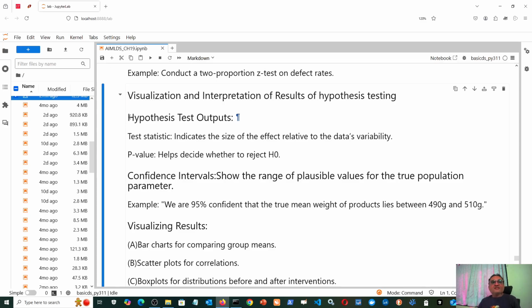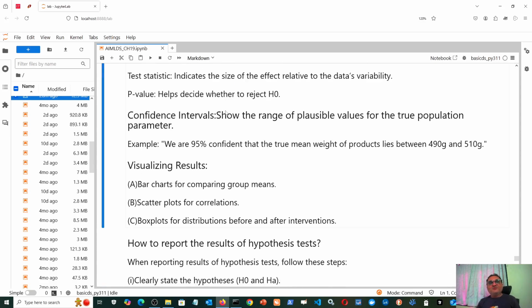So, hypothesis test outputs. For output, you just have to specify one test statistic. If it is a t test, then t statistic. If it is a z test, then z score and other things. If it is some other type of test, then sometimes an f statistic is given. For a chi-square test, the chi-square value can be given.